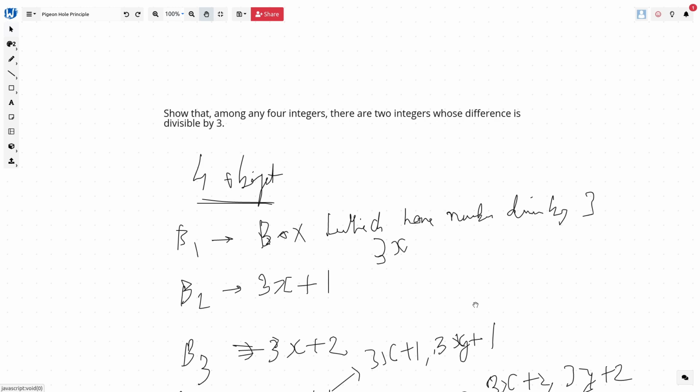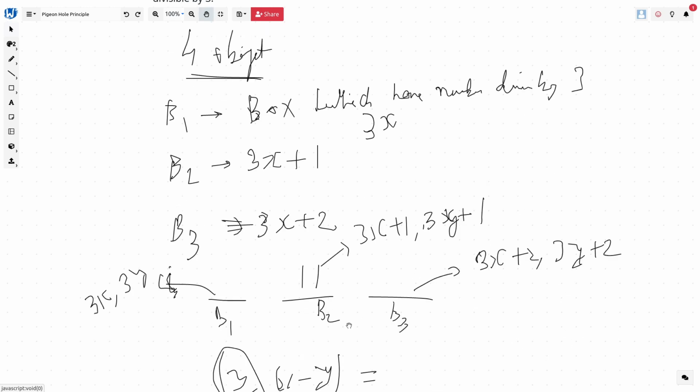So we can put all these 4 numbers into these 3 boxes only, right? Again, by the pigeonhole principle, at least one of the boxes should have 2 such numbers. Let's say B2 is such a box, so the numbers will be in the format 3x plus 1 and 3y plus 1.